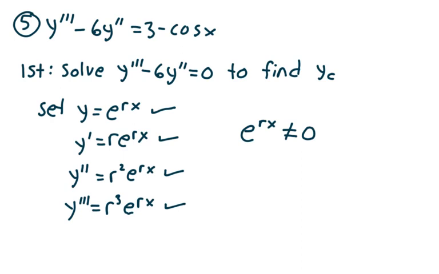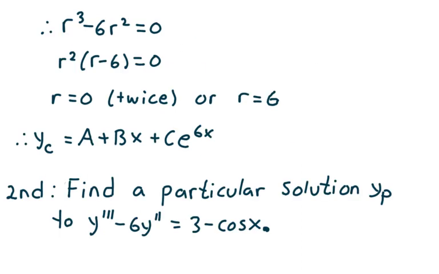And like in the last 4 examples, e to the rx is never 0. So when I make my substitution and divide through by e to the rx, I get r cubed minus 6r squared equals 0. Factor out an r squared, and I get r squared times r minus 6 equals 0. Solving for r, I get r equals 0 twice, or r equals 6.